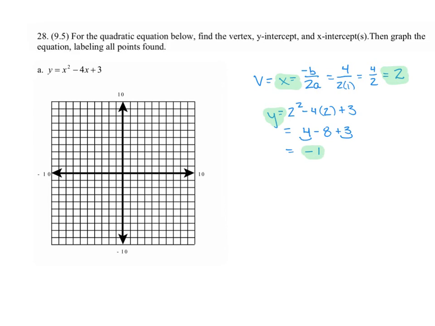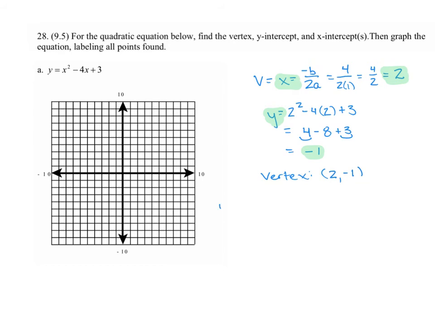That means that my vertex is 2, negative 1. Okay, next thing we want to find is our y-intercept.